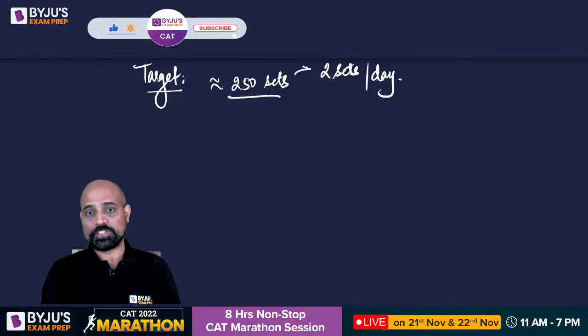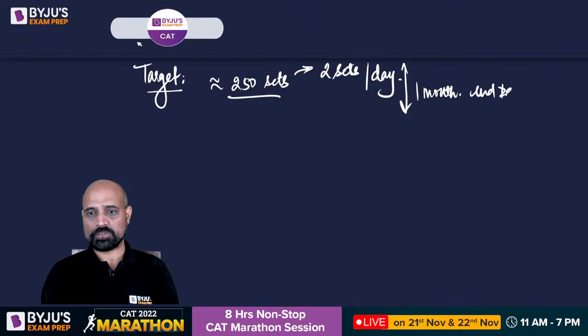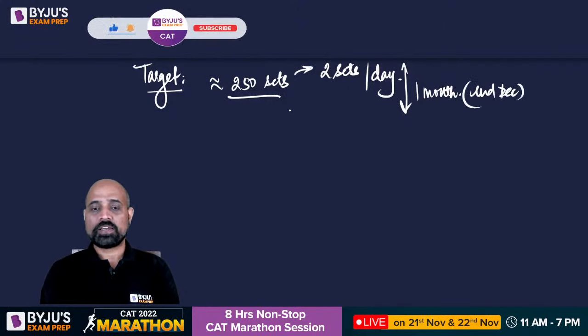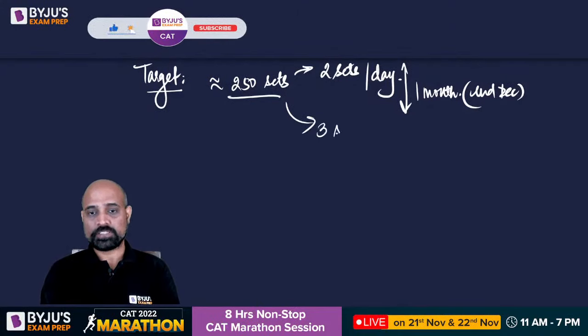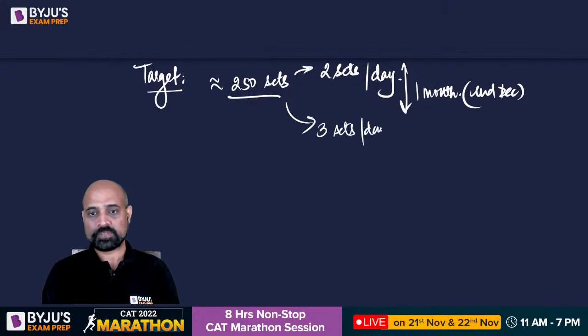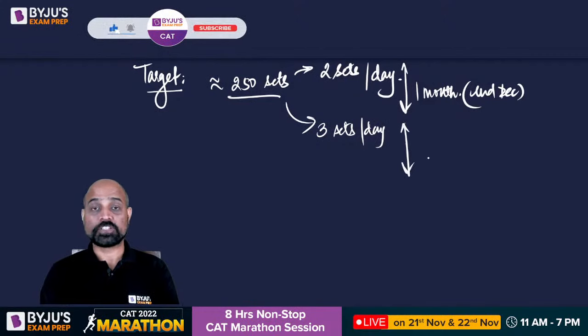After that, start with 2 sets per day, abhi initially. Keep on doing this for approximately 1 month, as in by the end of December. ठीक है? End December तक आप ये करते रहो. After that, increase. So do 3 sets per day. And continue this for the next 3 months.